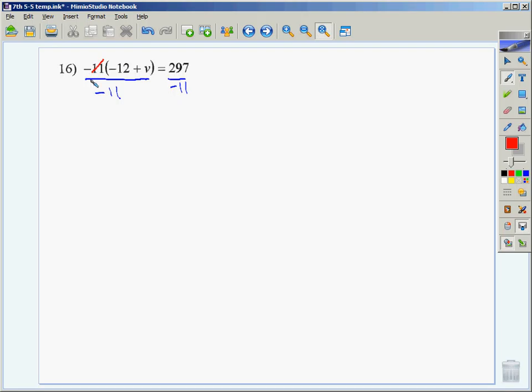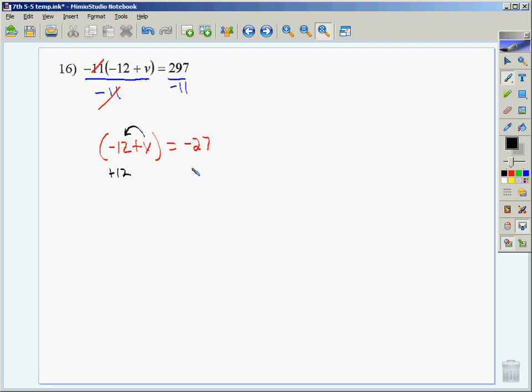It does make the negative 11's on the left cancel out, leaving me just the negative 12 plus v. And when I divide 297 by a negative 11, I get negative 27. And to get v by itself, I have to get rid of this negative 12.